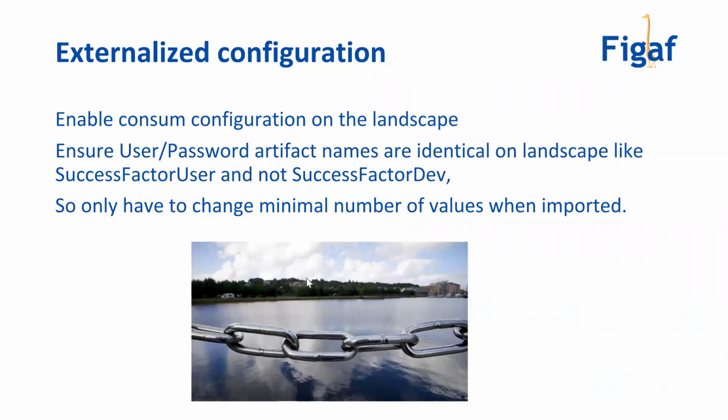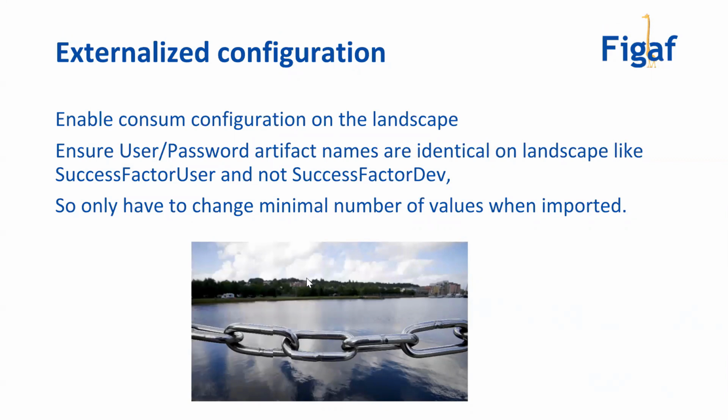So you have this part about externalized configuration in the landscape, and this is really good when you have different systems that you need to connect to across the landscape. One of the things I did learn was that it was best if, for instance, username and password variables were kept as similar as possible.